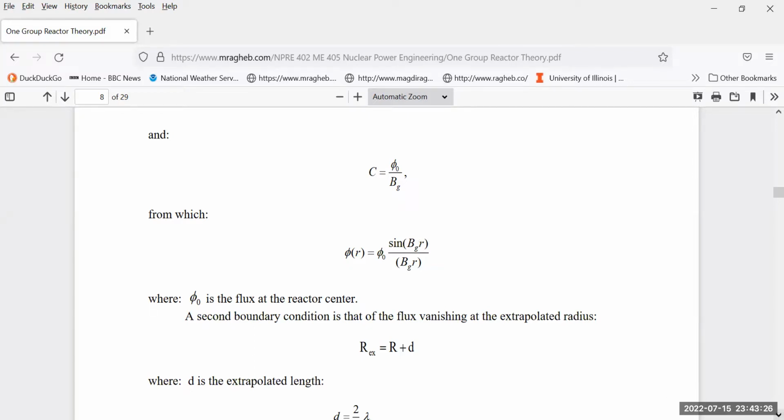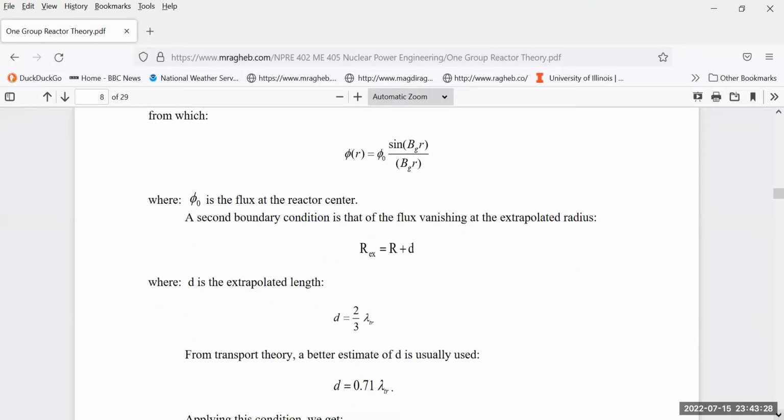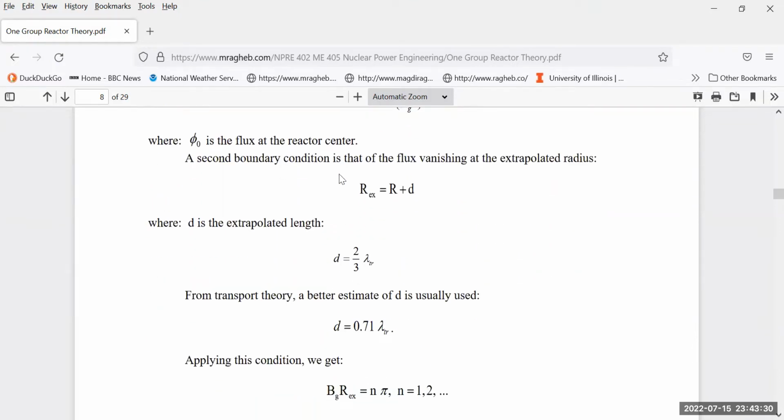And in that case, we apply another boundary condition: at the boundary of the reactor, the neutrons simply leak out of the reactor a small distance. That small distance is going to be named D, or the extrapolated length.